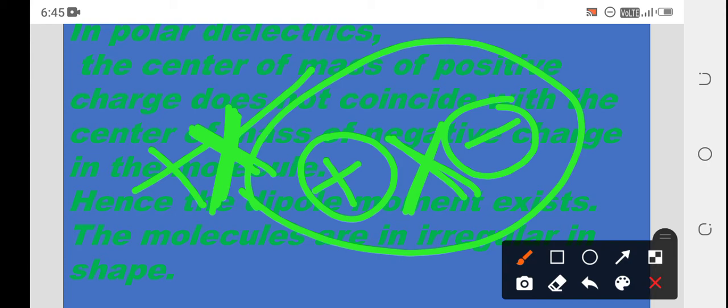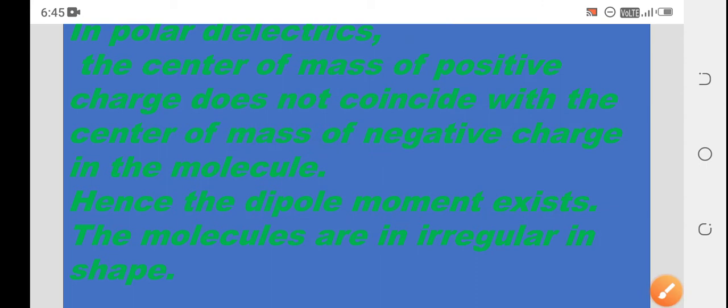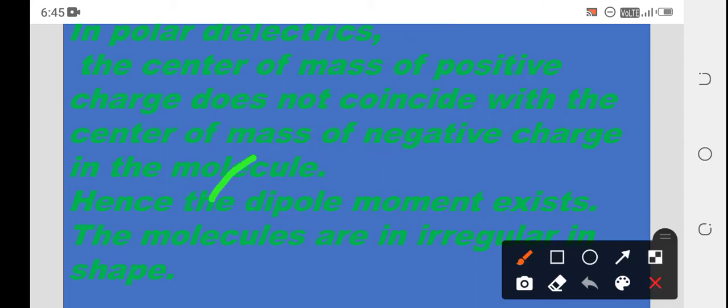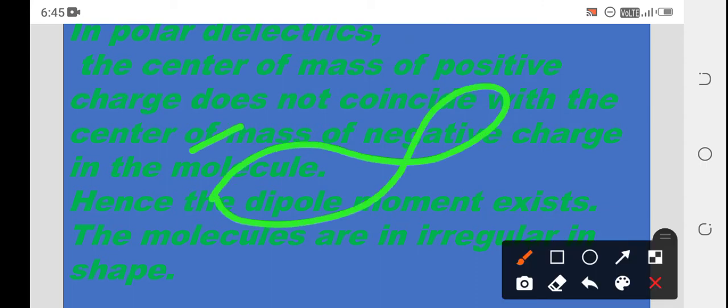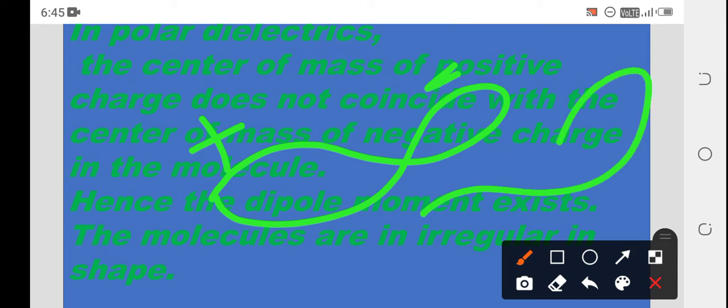In polar dielectrics, what is the shape of the molecule? The shape of the molecule is irregular. It means that if the positive side is large, the negative side may be small, and if the positive charge is small, the negative charge will be high. That is the reason it is defined as irregular in shape.